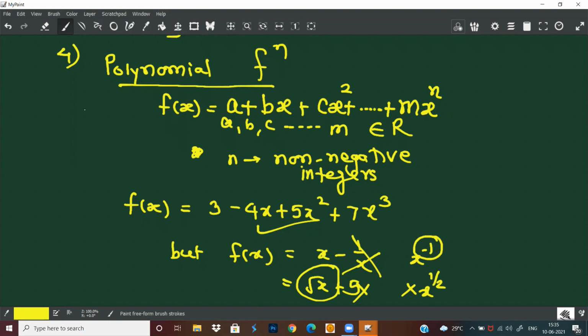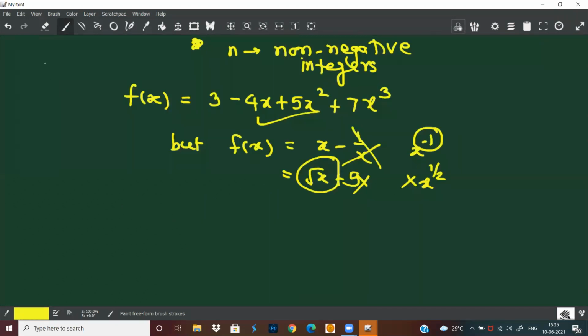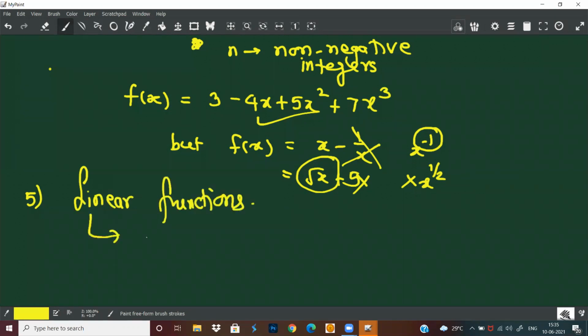Now we'll go to the next type. Linear function. ये तो हम लोगों ने 8, 9 से किया था. Every linear function in x and y represents, yeah, a straight line.